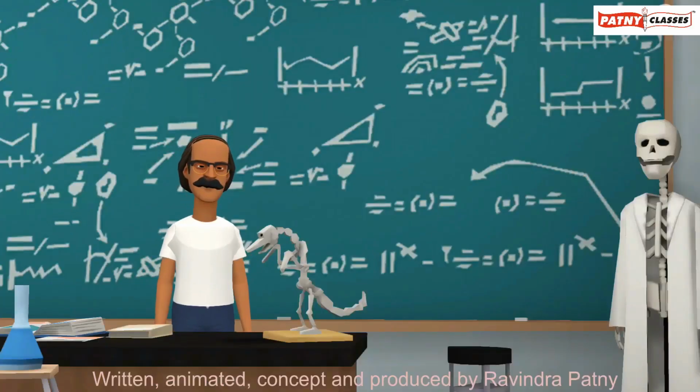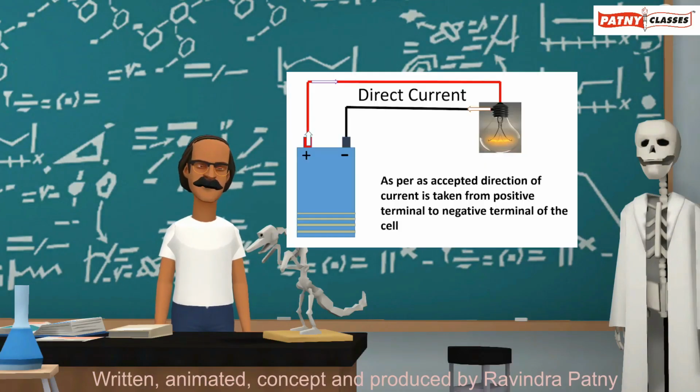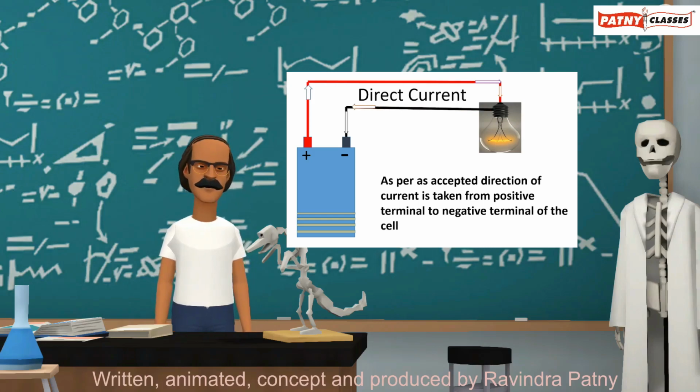Yes, you are right. When we connect the positive terminal and negative terminal externally by using an electrical wire, then current flows from higher potential side to lower potential side.